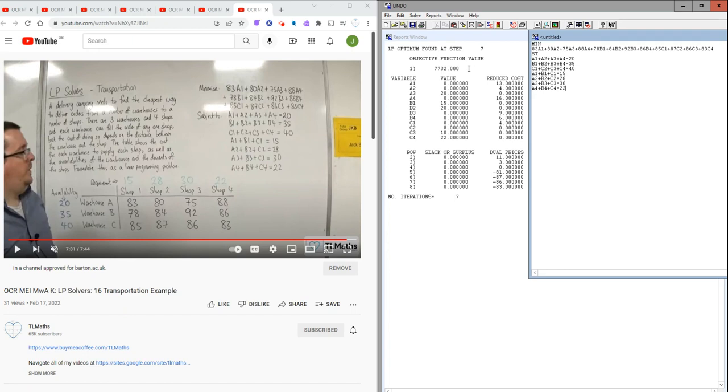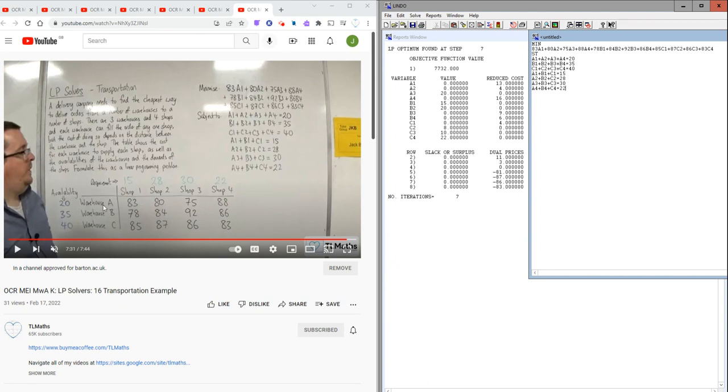7,732. So in this problem, we had the warehouses had the availability and the shops had requirements. If warehouse A had to ship one of its boxes to shop 1, for example, then that would cost 83 per box.